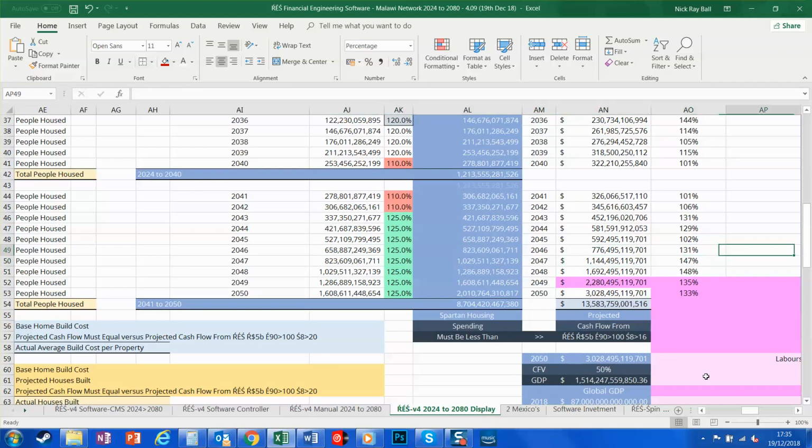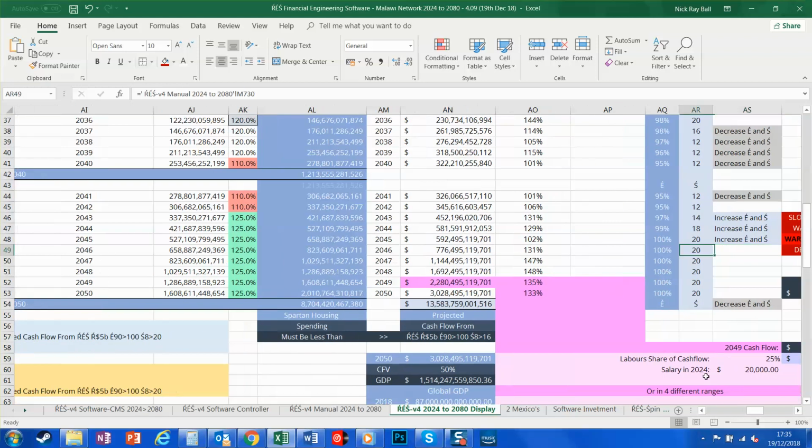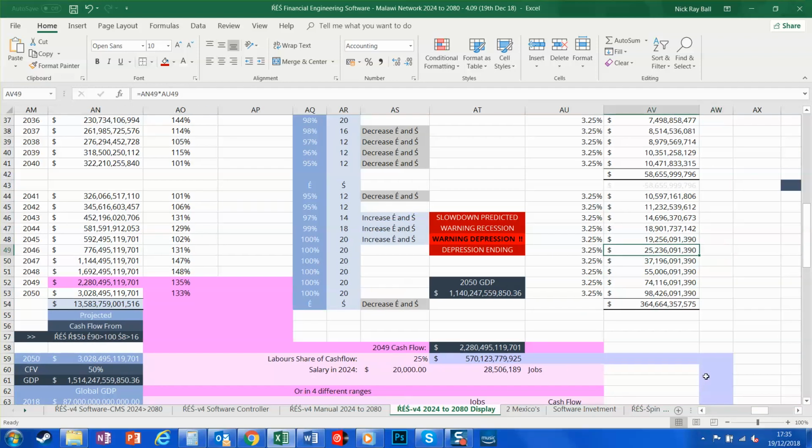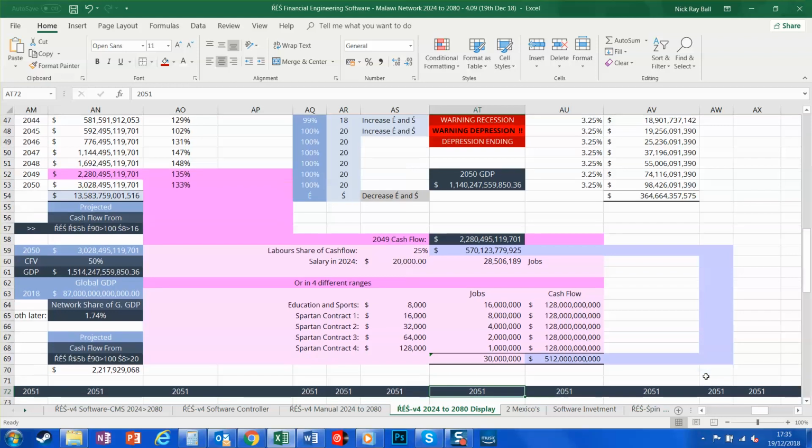What am I looking for here? And here we see the E in there. Here we're looking at jobs, the amount of jobs created by 2049, 30 million jobs. It sounds ludicrous, but the math, as far as I can see, is right.